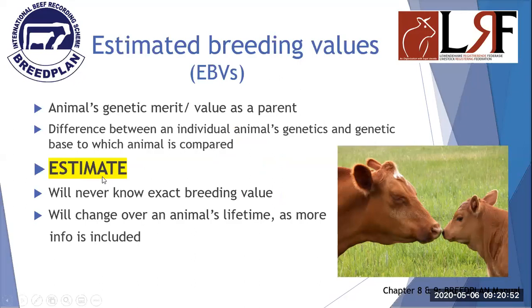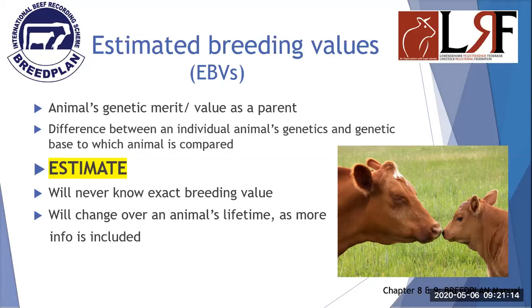What is also important to remember is that it is an estimate. An animal's exact breeding value will never be known, so it's just an estimate, and therefore it will change over an animal's lifetime as more information is included.